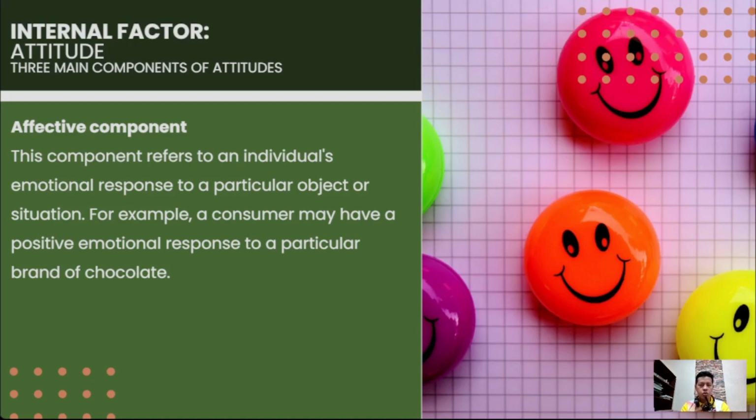Or probably it's through the messaging, how the message is crafted in a way that it appeals to the emotion of those that watch it. You see, it may make them happy if they purchase your product. So that is the affective component.